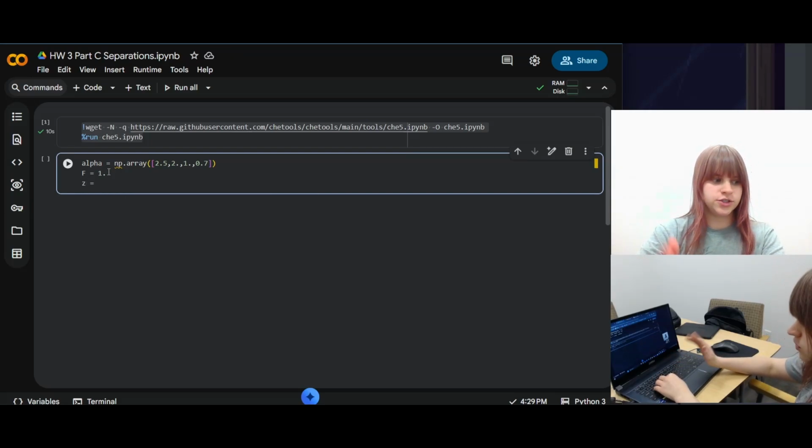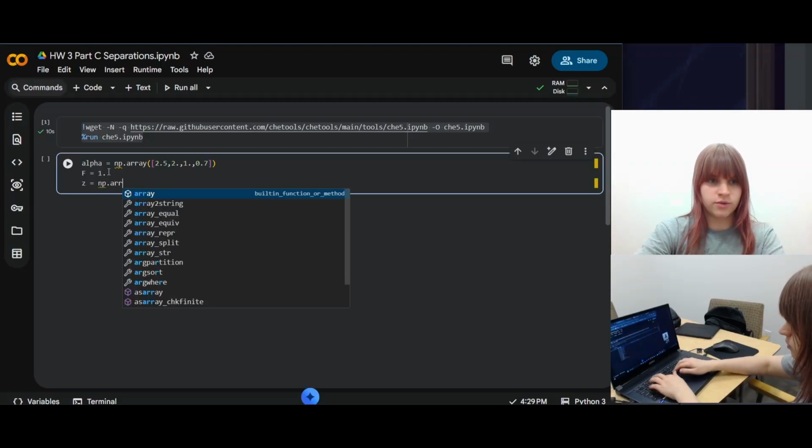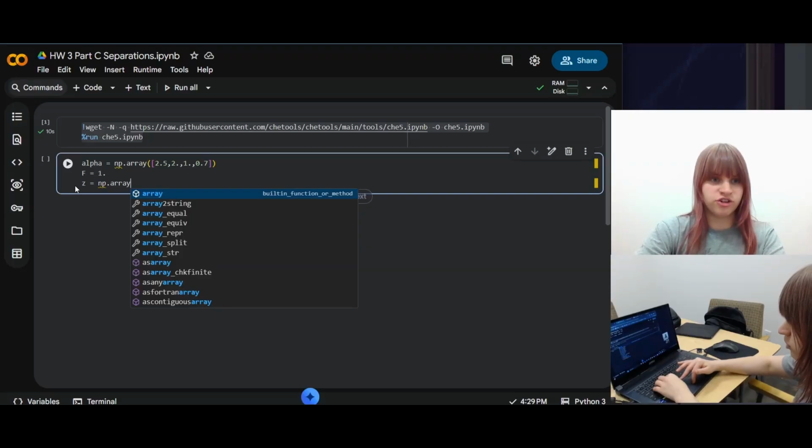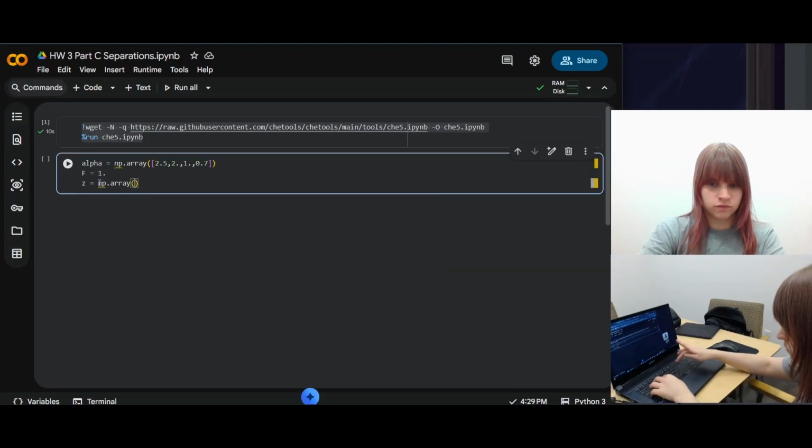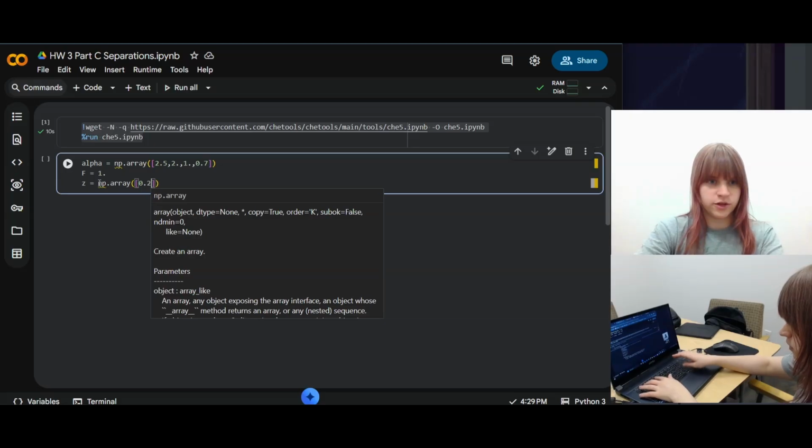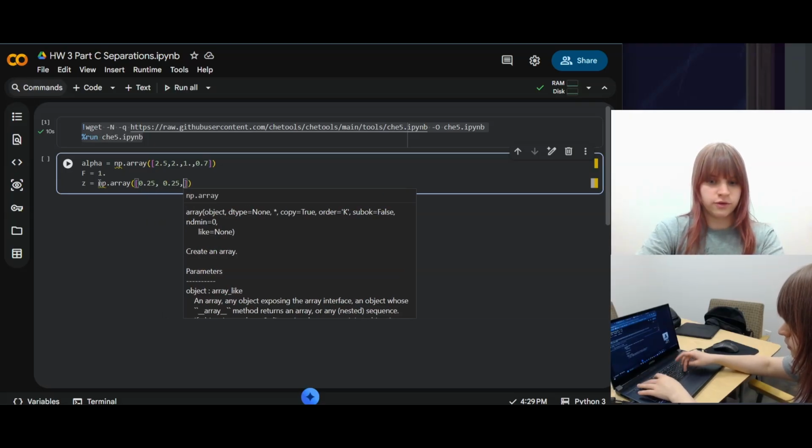And now we want to make sure that our code knows that this is an equimolar feed ratio, so our Z. And we're just putting 0.25 4 times.